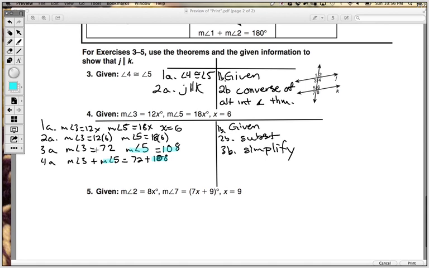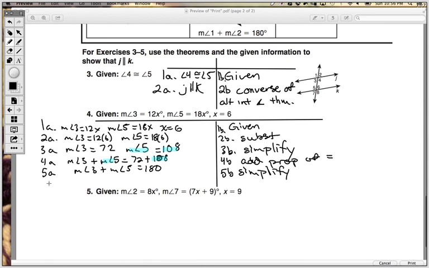So when you add the same thing to both sides, that's called addition property of equality. Now that I've gotten that, the next step's actually pretty straightforward. We would say 5a, measure of angle 3 plus measure of angle 5 equals 180. And that's just simplifying.